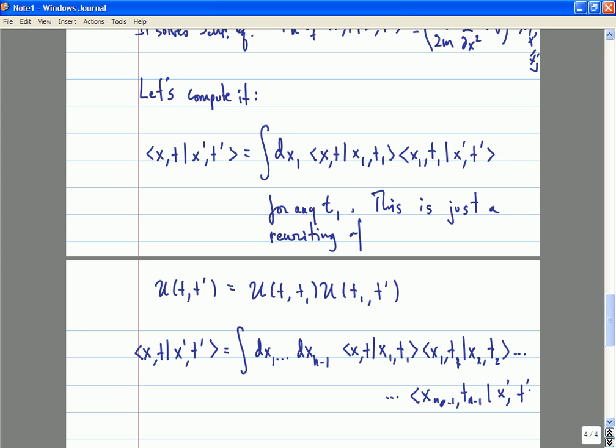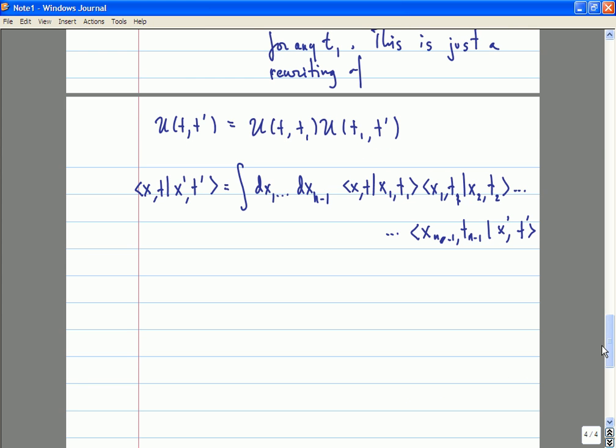So, what is the physical picture I want you to keep in mind? Well, we have this final time, t, so let me draw a little picture of the path that this particle is taking, where the horizontal axis will be time, and the vertical axis will be position. So we have this final time, t, at which the particle is sitting at some position x, and we have some initial time t prime, at which the particle is sitting at some position x prime.